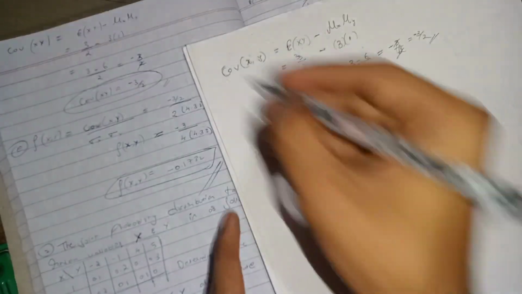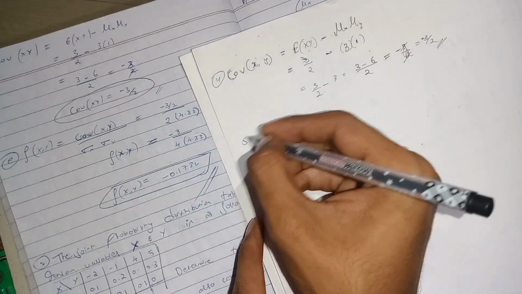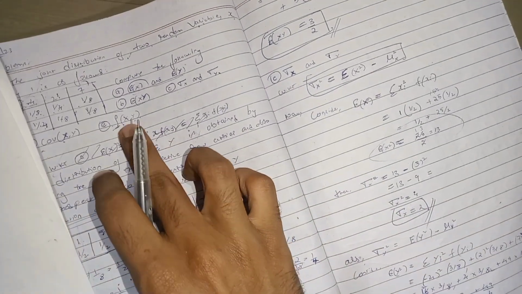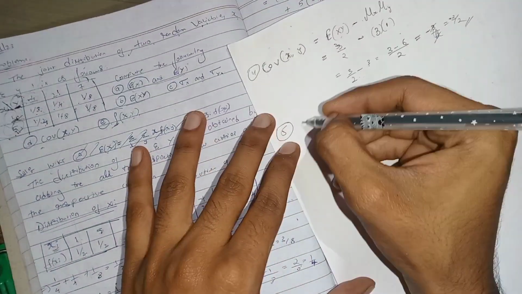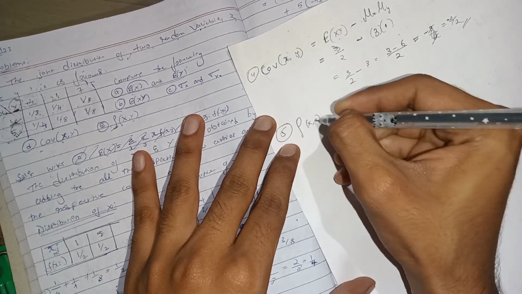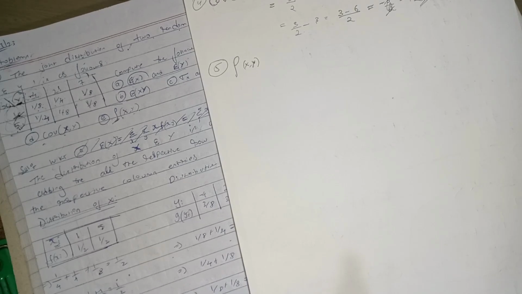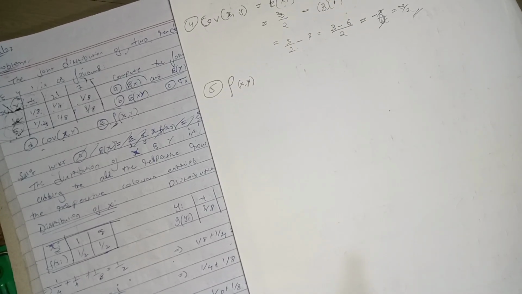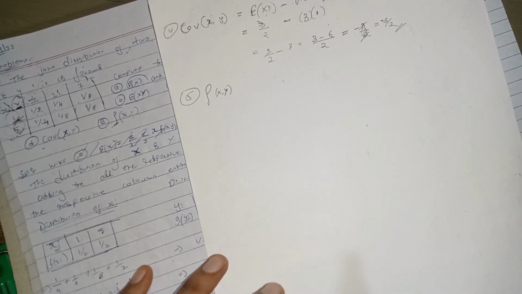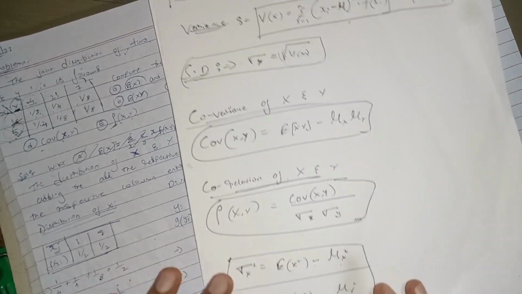Now this was my fourth condition. The last condition of this example is rho of X comma Y. What do you mean by rho of X comma Y? It is called the correlation of X comma Y. Let us go back to our standard formula list.